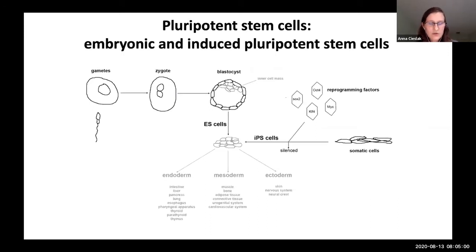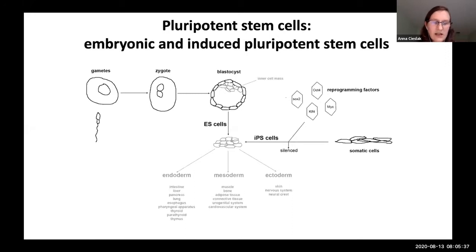So what exactly are those pluripotent stem cells that are used to generate human organoids? Those are cells which come from the inner cell mass of the blastocyst during human development. Those cells have a great capacity to self-renew by dividing and to develop into the three primary germ layers of the early embryo: endoderm, mesoderm, and ectoderm. Therefore they can differentiate into all cell types of the adult body, but not extra-embryonic tissue such as the placenta, for example.